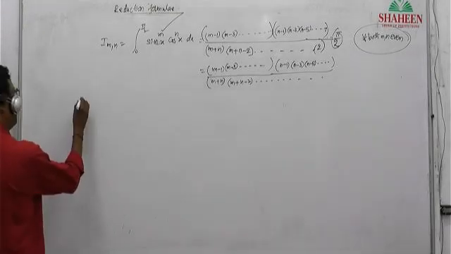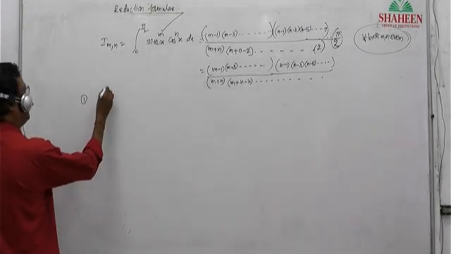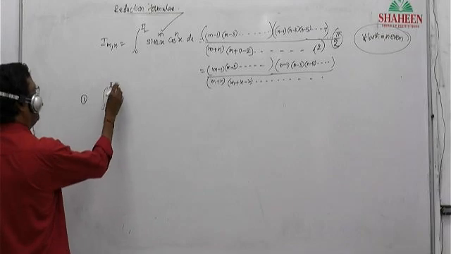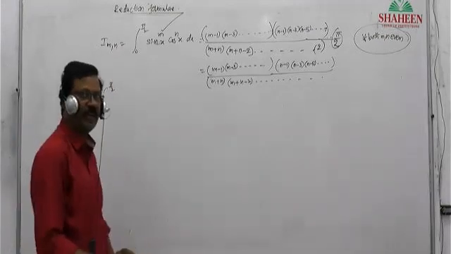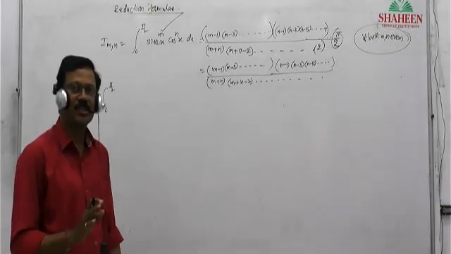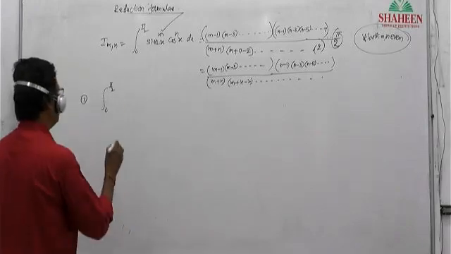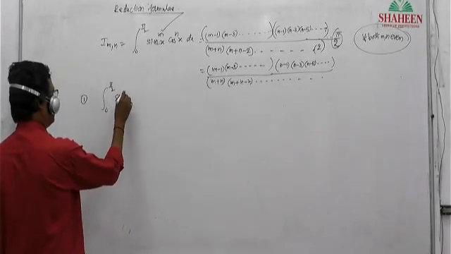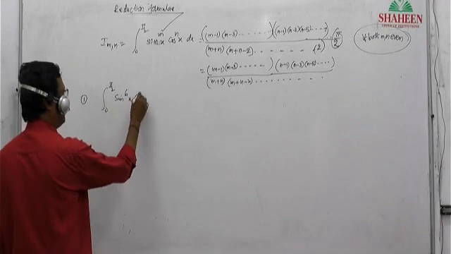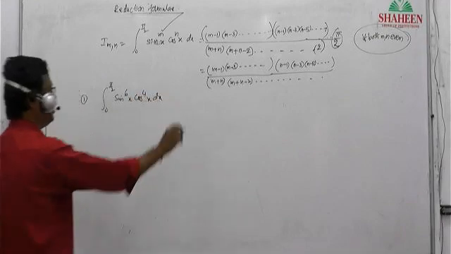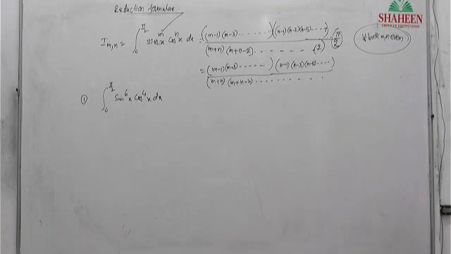Now let us see the problems on this. Integral 0 to pi by 2. Limits must be remembered. Don't forget the limits. Limits here also 0 to pi by 2. Sine power 6, cos power 4. Is it okay? Sine power 6, cos power 4.